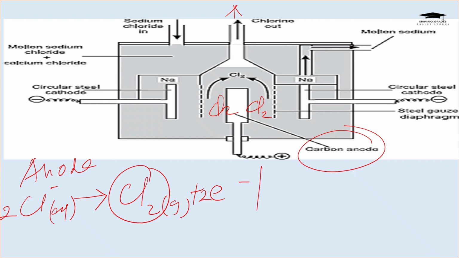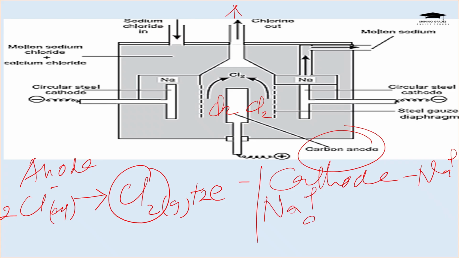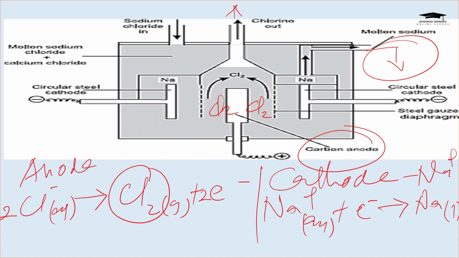Moving to the cathode, sodium ions move to the cathode and they gain electrons. They gain an electron to form sodium metal in form of a liquid, which is collected into specific tanks through this particular pipe or tube.